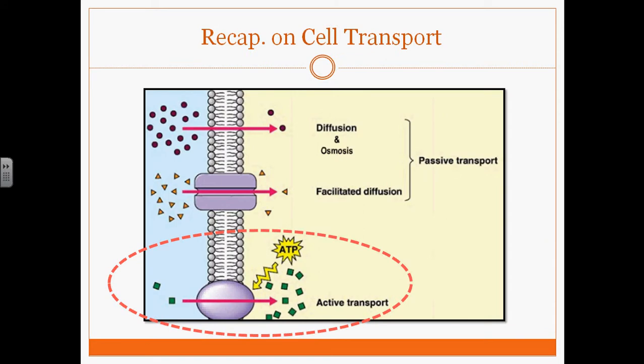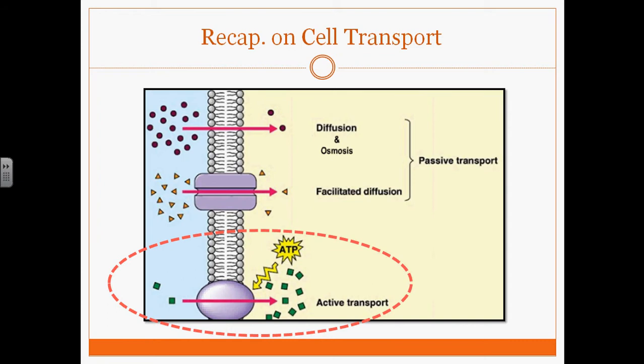If you look at this image here, I'm showing you at the top diffusion and osmosis, where you can see these purple molecules. We have a large concentration of them. They move to a low concentration across that bilipid layer, or that plasma membrane there. Facilitated diffusion, remember, is through the use of a protein channel, that light purple molecule, and you can see the yellow substances again move from high concentration to low concentration with the help of the protein.